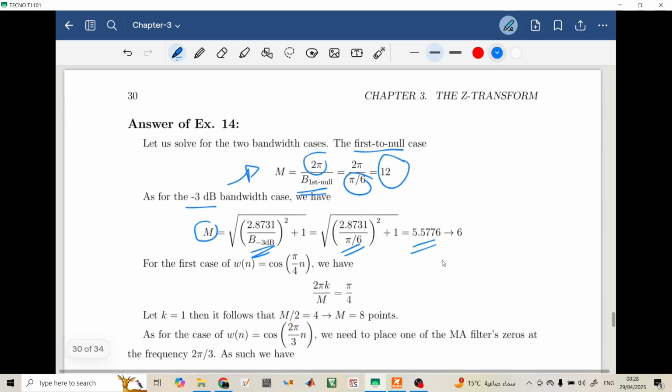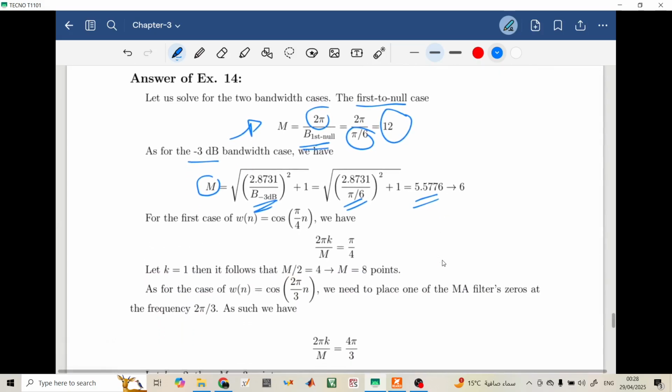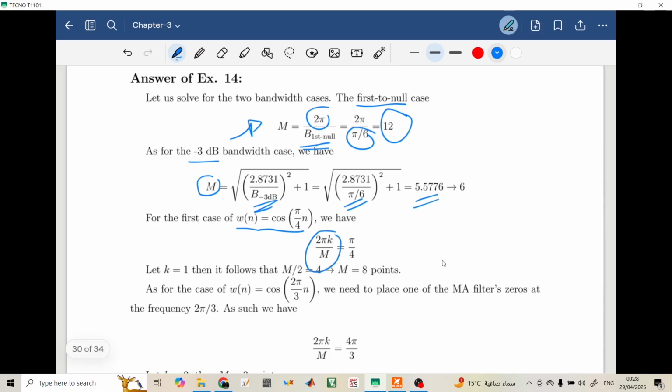Okay. For the second case, we want to eliminate this noise. As we saw earlier, the zeros are located at 2 pi k over M. k is a counter from 0 till M minus 1, so we have M zeros. We want to put our zero of the filter at the frequency of the interference.